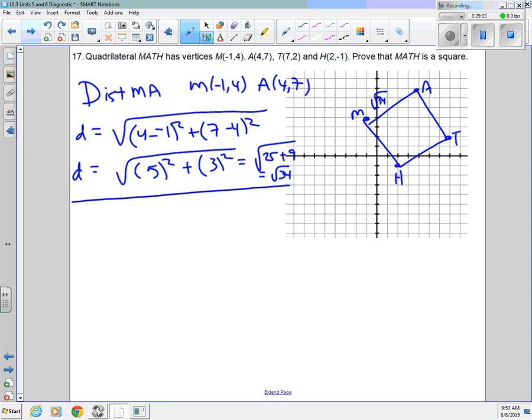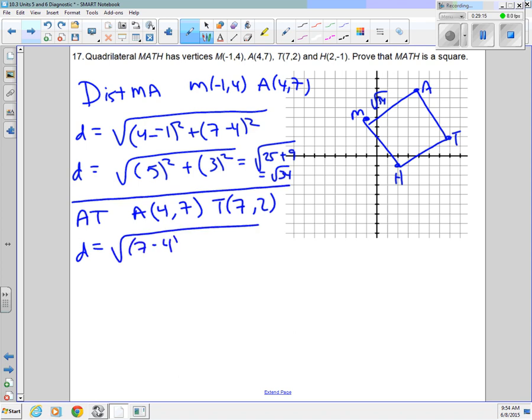I'm going to do this for every side. So this is going to get a little tedious. I'm going to give you the quick version here. So my distance is 7 minus 4 squared plus 2 minus 7 squared, which is 3 squared, which is 9, -5 squared, which is 25, square root of 34.